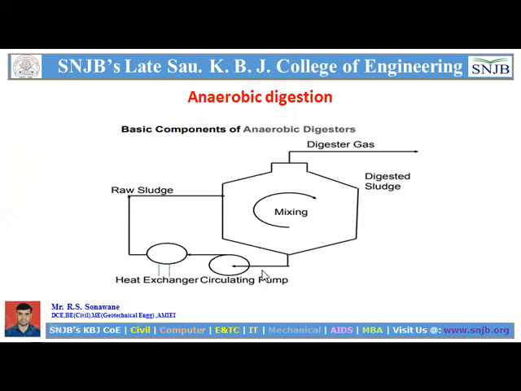A circulating pump and heat exchanger are provided to give heat to the raw sludge, which is then forwarded to this assembly and mixed properly here. After that the sludge goes through four stages, up to acetogenesis, and it will create the digester gas, which is nothing but methane and carbon dioxide.